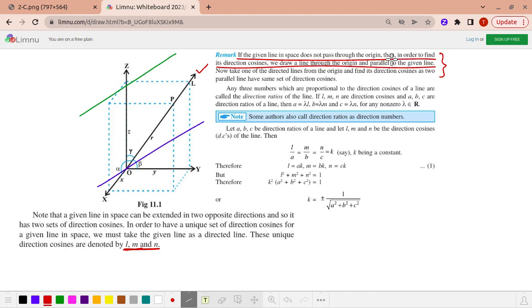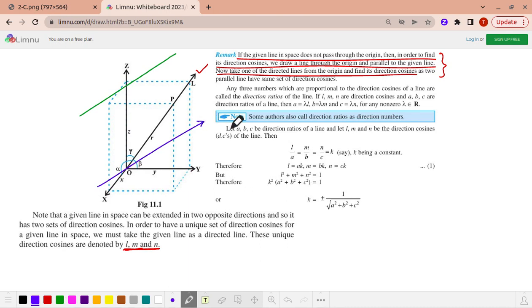I repeat once more: if the given line in space does not pass through the origin, which is the green line, then in order to find its direction cosines, we draw a line through the origin and parallel to the given line, that is the blue line, which is parallel to the green line. Now take one of the directed lines from the origin, in this case the blue line, and find its direction cosines. That means we will find the direction cosines of this line.